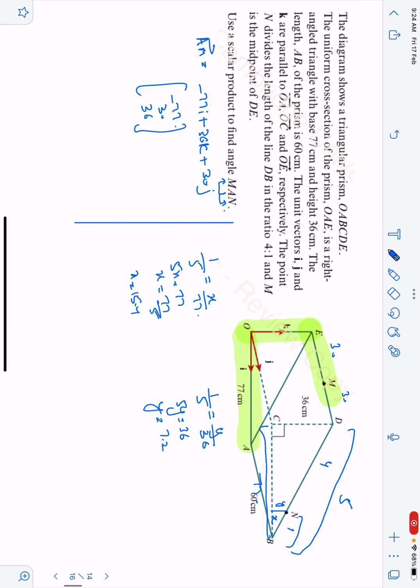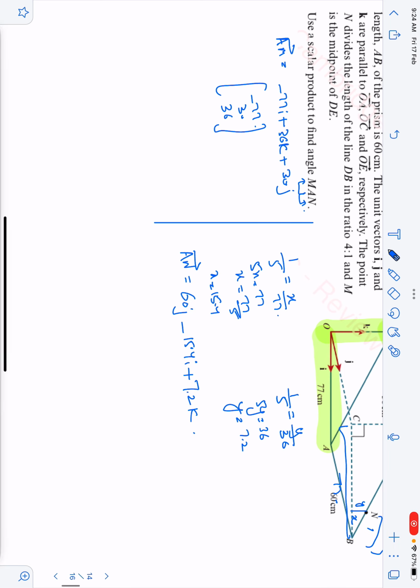Okay, since I had to go from A to N, I have already written 60j minus 15.4i plus 7.2. So I'm writing AN as 60j minus x, which is 15.4i, and then I have to go up in the k direction, 7.2, so 7.2k.